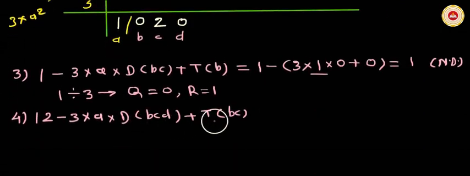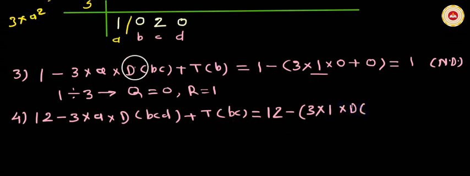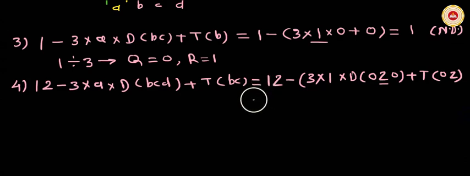Duplex of BCD plus triplex of BC, which gives us 12 minus, put it in a bracket, 3 multiplied by, what is A? 1, multiplied by duplex of BCD, what is B? 0, C 2, D 0, 0 2 0, plus triplex of BC, what is BC? 0 2, which is equal to 12 minus 3 ones are 3 multiplied by.